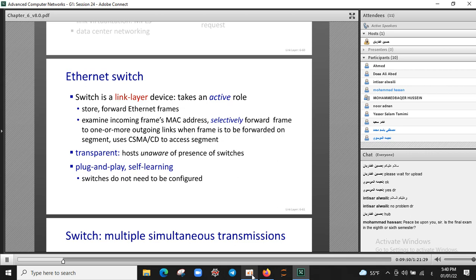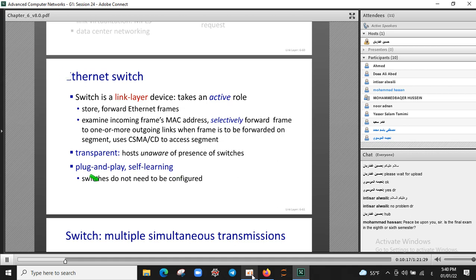The host is unaware of the presence of switches, because the switch does not make changes to the received frame. So nobody knows about those switches.